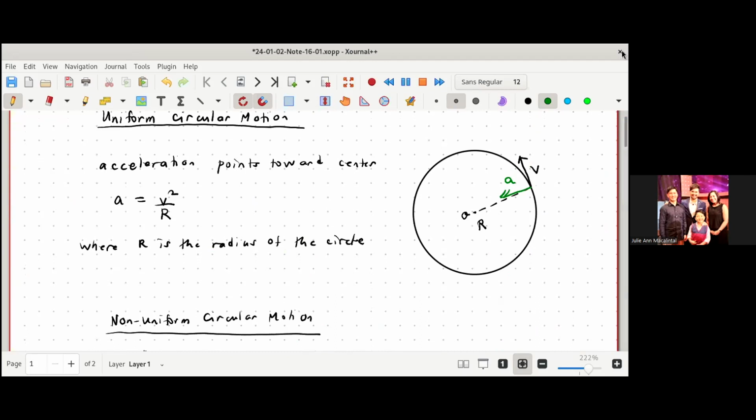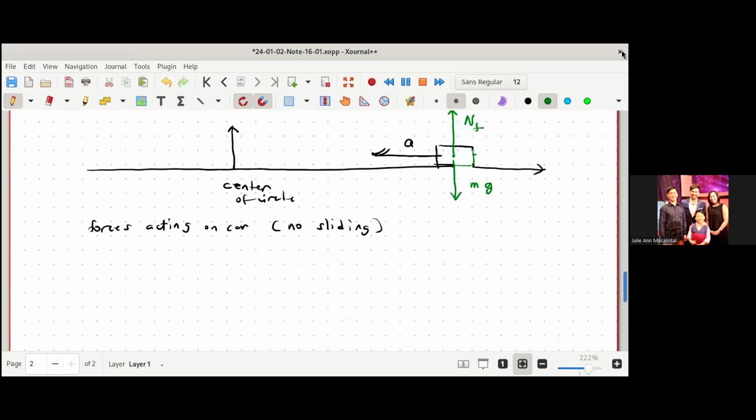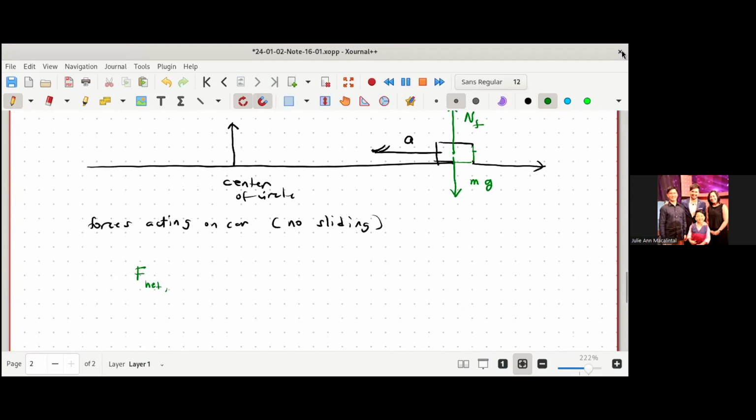So if there's no acceleration along the sides of the circle, then the net force that's tangent to the circle, F net tangential, should be 0. While F net radial, yung pointing towards the center, should be m times v square over r, kasi ito yung acceleration. So ito yung condition for uniform circular motion.